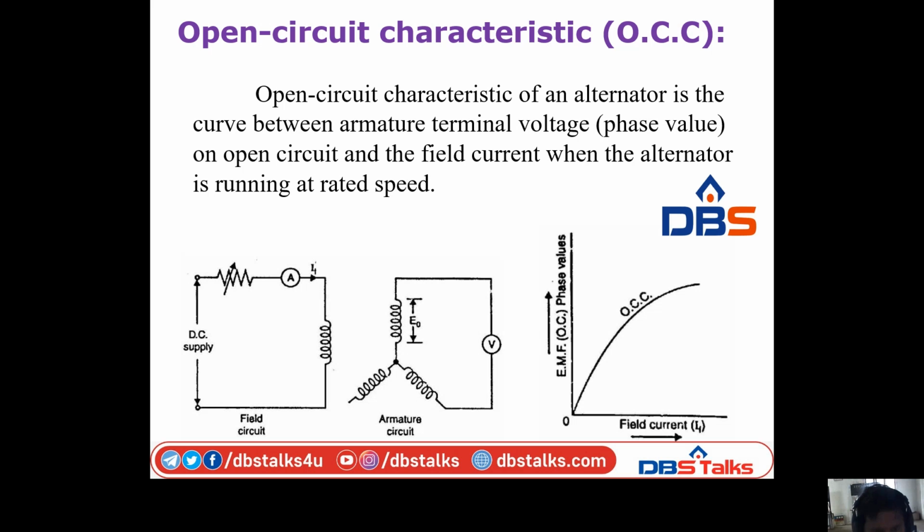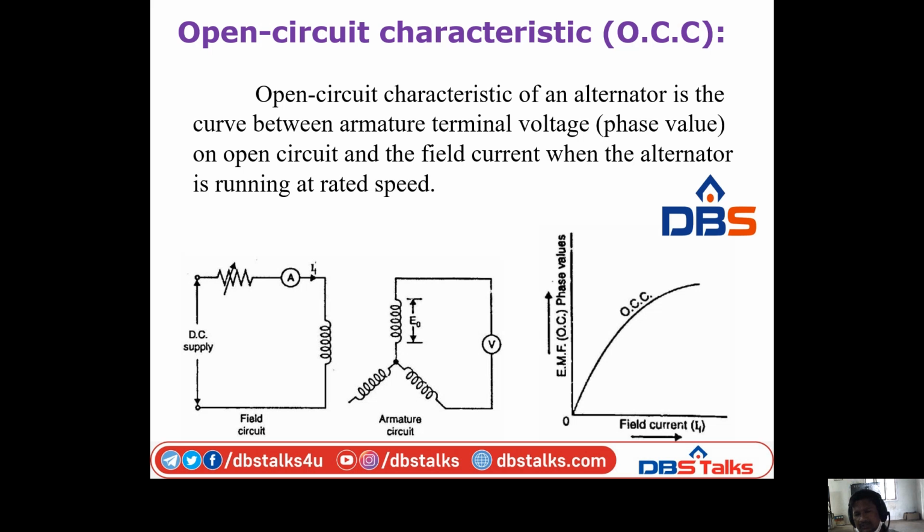So here this is the field system. To the field we give a DC supply, with a variable rheostat and ammeter. Now this is the star connected armature winding. Now we put the voltmeter across any 2 terminals, that is RY or RB or YB, whatever it may be.